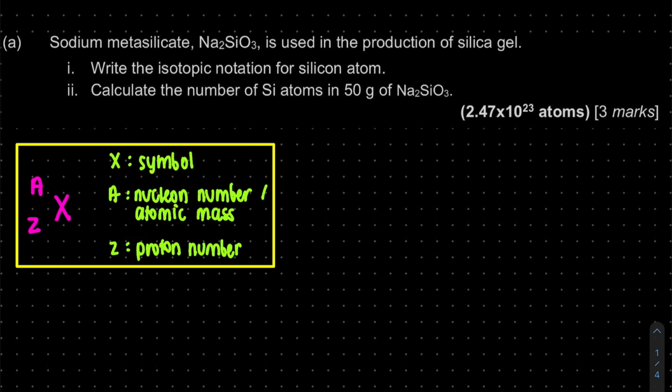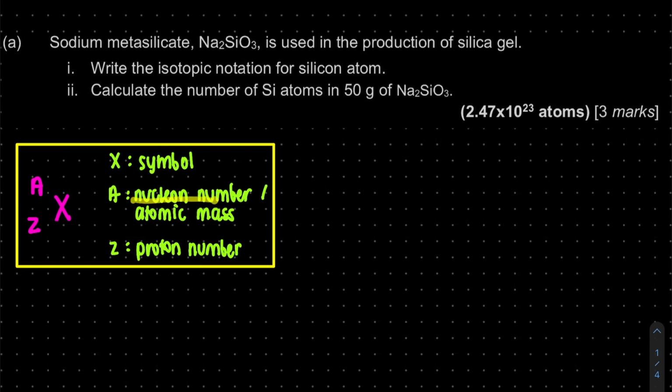For example, we have sodium, but we're not going to write down the full name, we're just going to write down the symbol. Sodium, the symbol is Na. Carbon, the symbol itself is C. Oxygen, the symbol would be capital O. So this is what is meant by symbol.